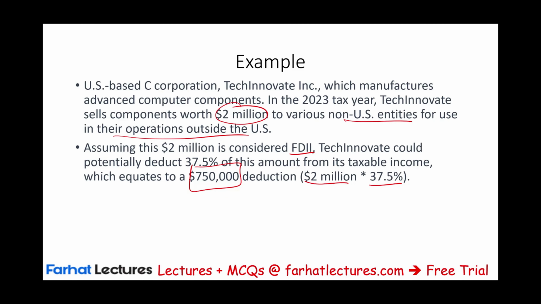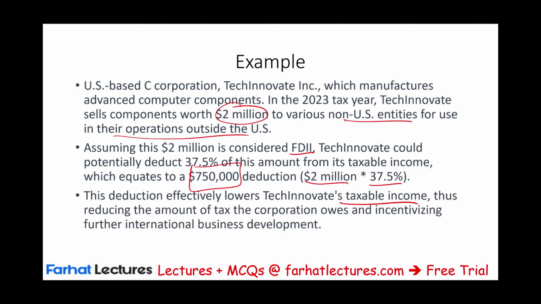This deduction lowers our taxable income, thus reducing our tax for the corporation. So if we're looking at 21%, you take $750,000 multiplied by 21%, and that will be the tax savings because we reduce our taxable income by $750,000. So it's a substantial amount. Simply put, almost 40% of your taxable income is wiped out.